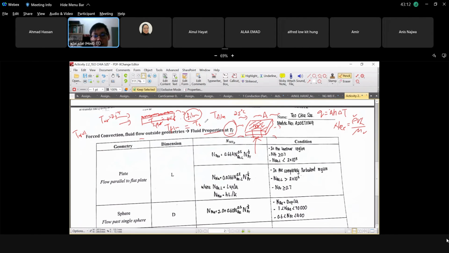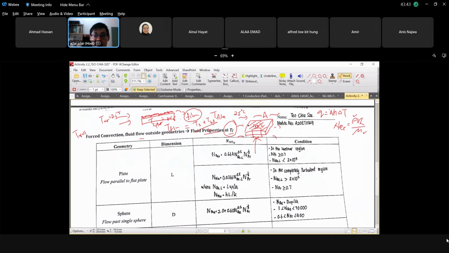TW plus T bulk of fluid. In this case, it's air, right? Sometimes it can be water, or any other type of fluid, divided by 2. Okay, so this is the temperature you need to take when you refer to the table to get the value of your rho and your mu and any other physical properties.